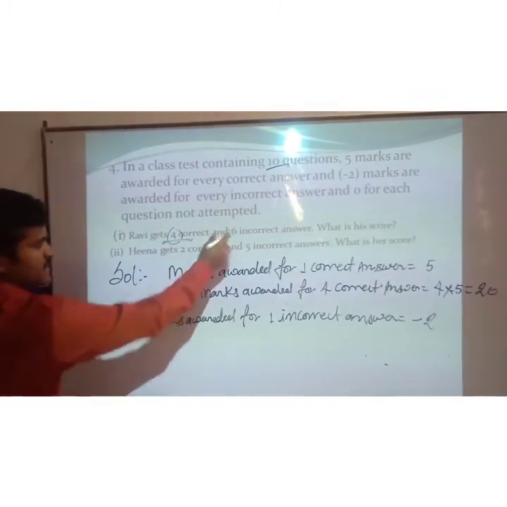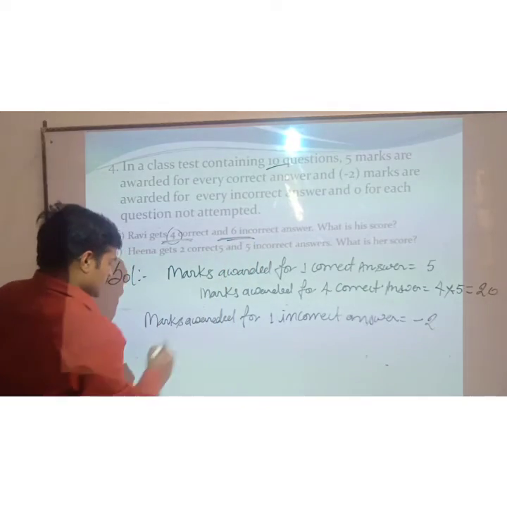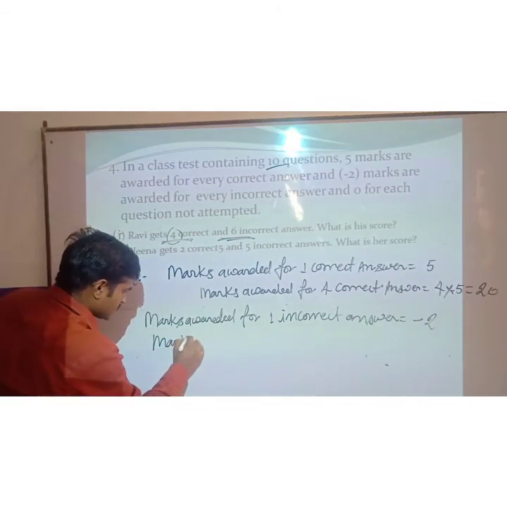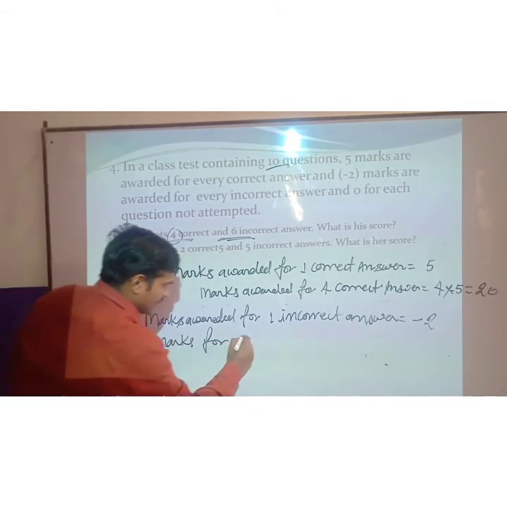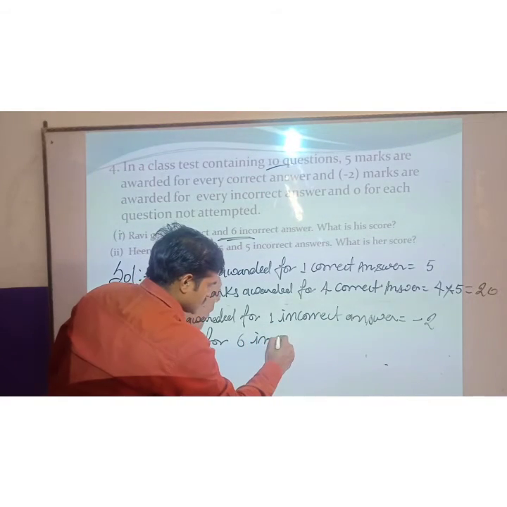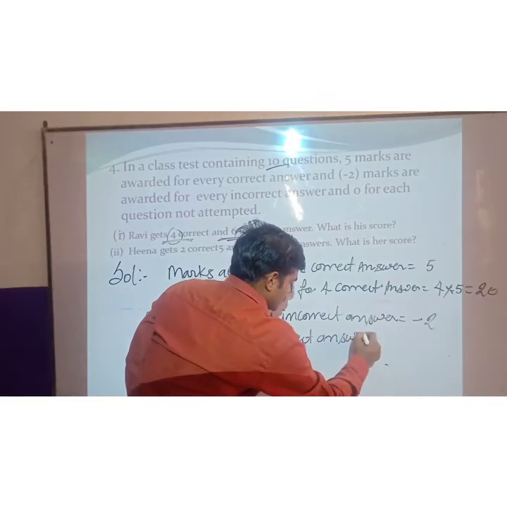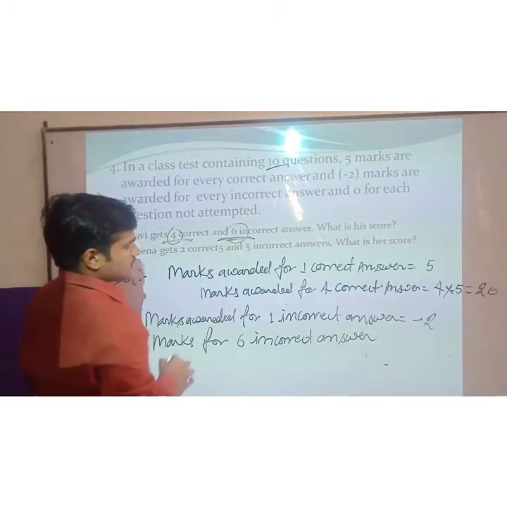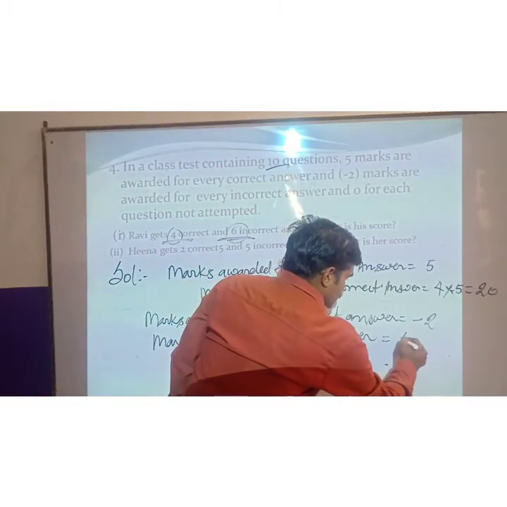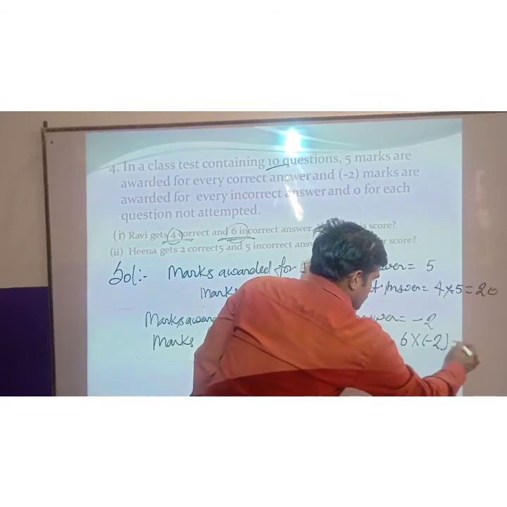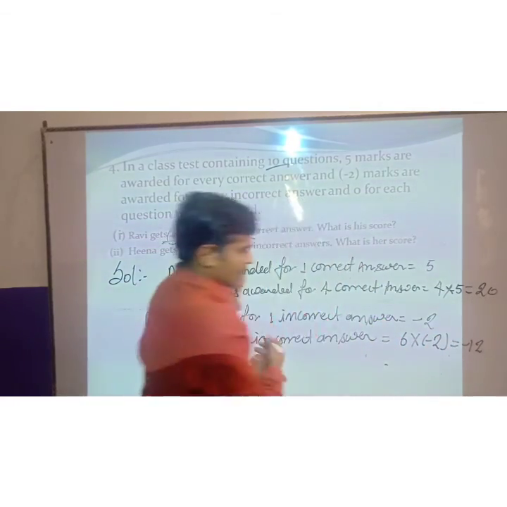So marks for 6 incorrect answers is equal to 6 multiplied by minus 2, which is equal to minus 12.